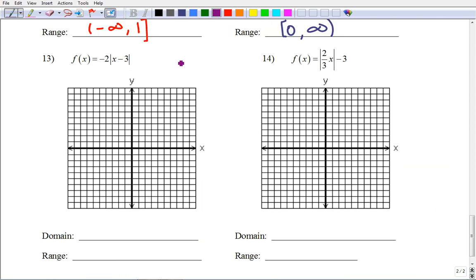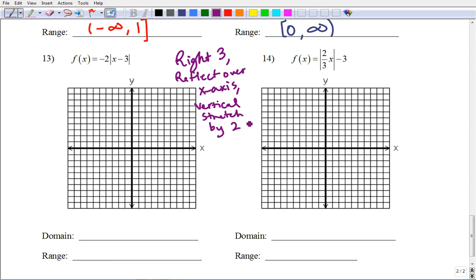On this one, we can see that it will go to the right 3. The negative in the front will reflect it over the x-axis. And then also the 2 will do a vertical stretch by a factor of 2. So my parent points were here.